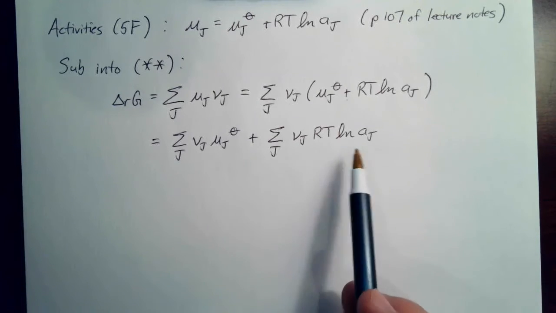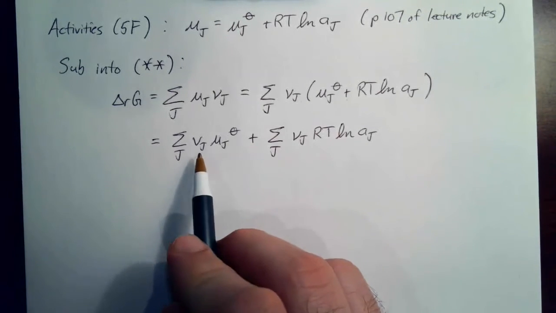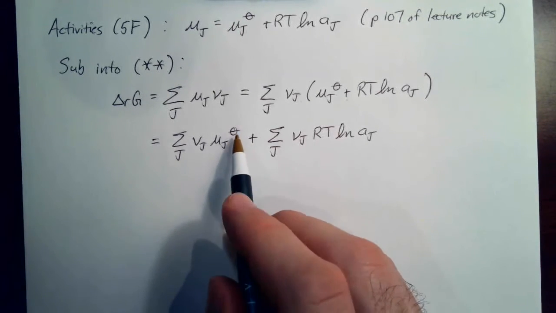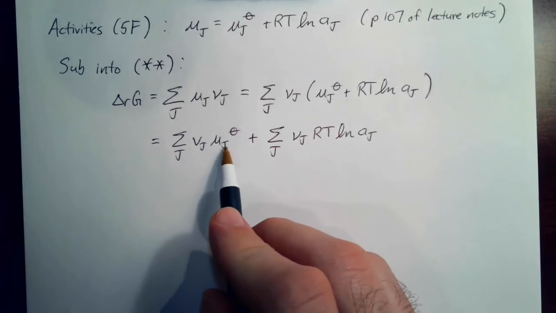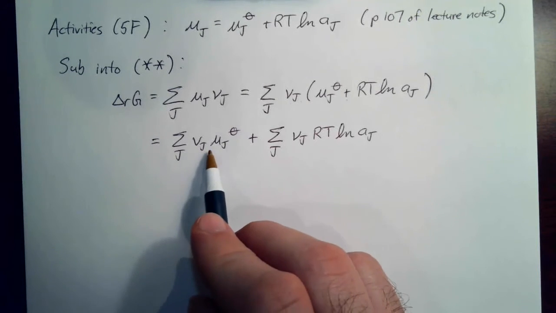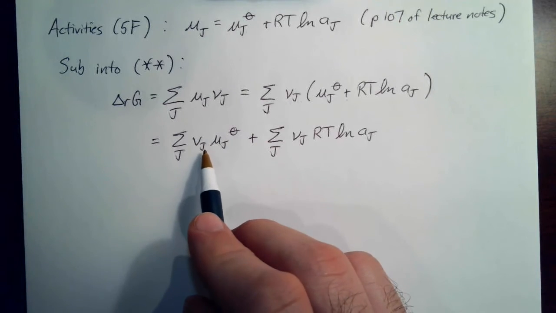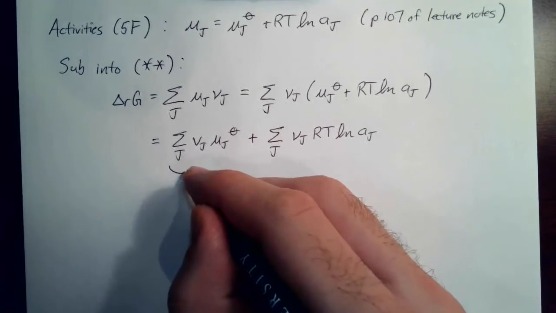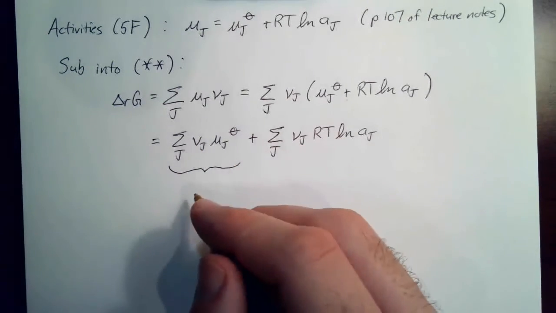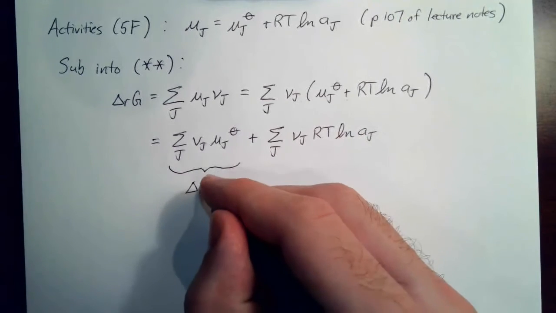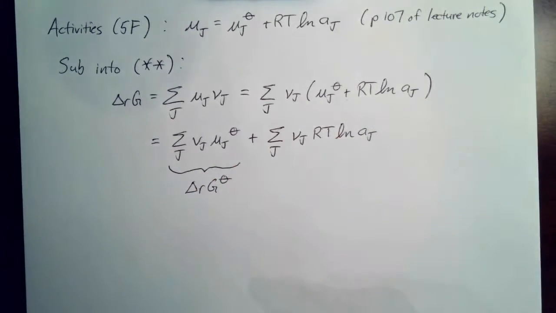That separates it into two sums. This here is all of the standard state values of μj times νj. The νj are just the stoichiometric coefficients, so they're independent of the state. So this whole thing is like a standard state, and we're going to call this our standard state for ΔrG.